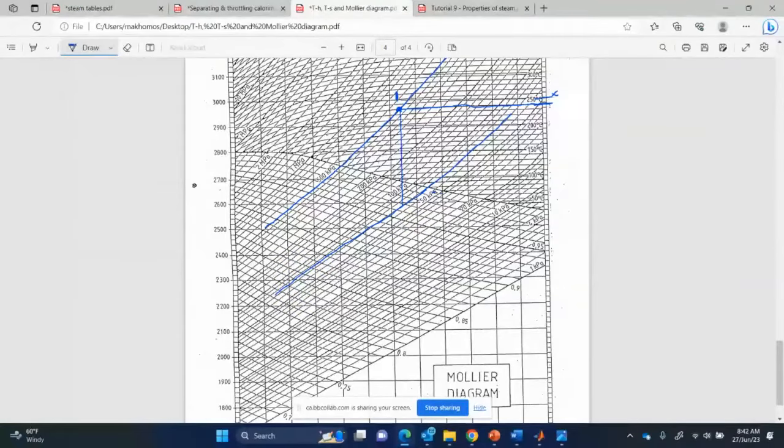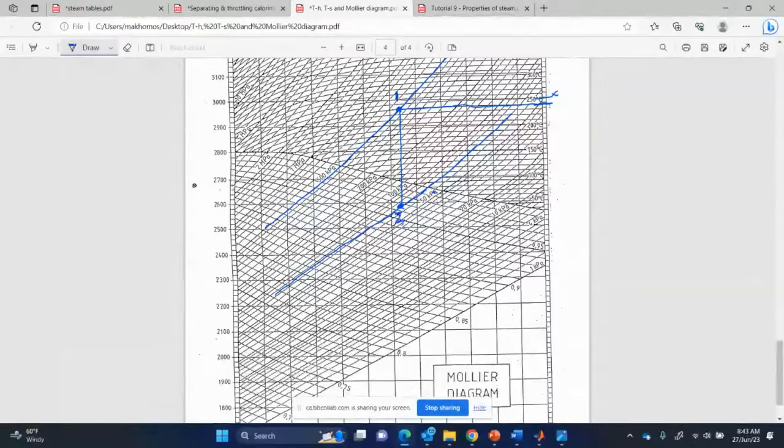So the process between 1 and 2 is an isentropic process. Entropy is constant. So entropy at 1 is equal to entropy at 2.